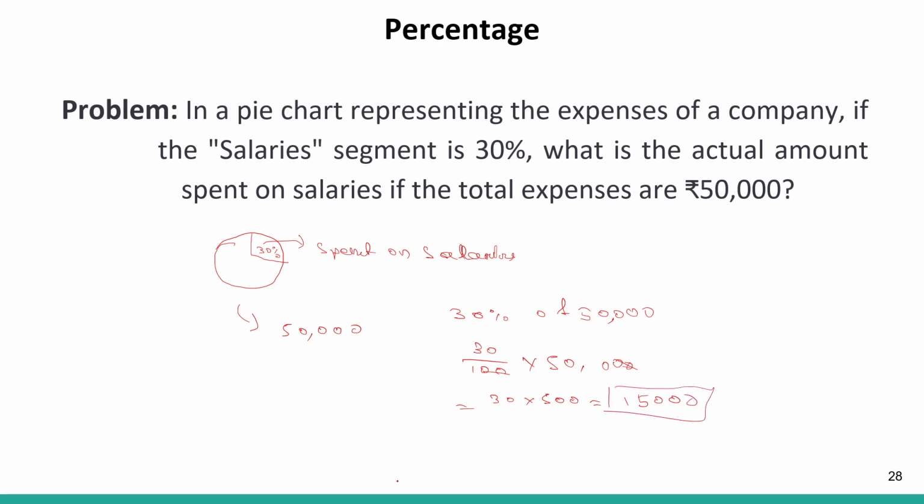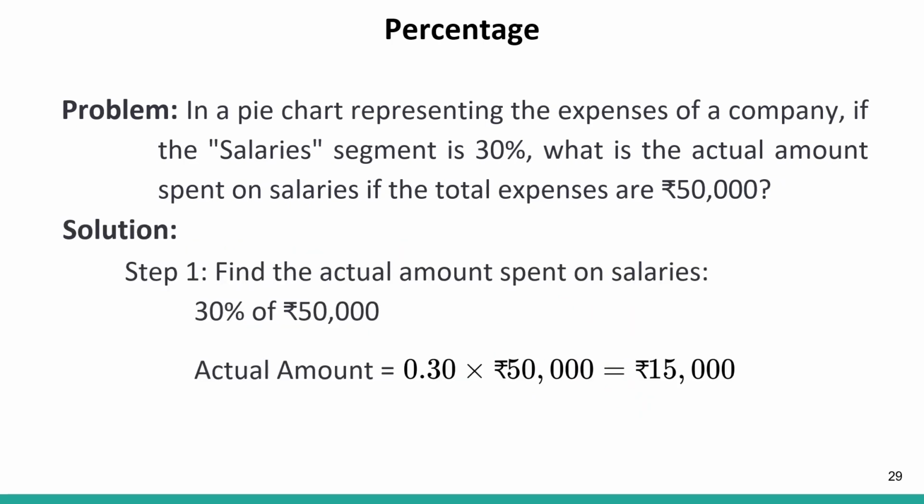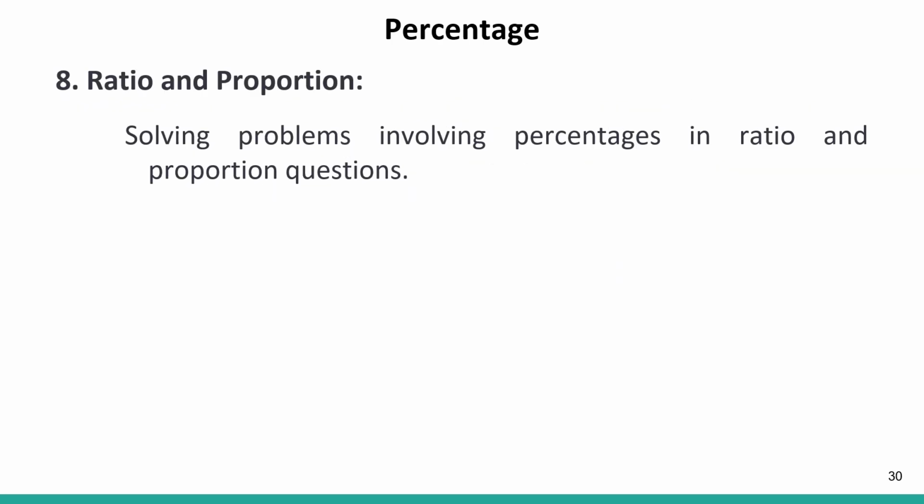So the actual amount spent on salaries is 15,000 rupees. So 15,000 is the final answer. If we go for a step-by-step solution, then 30% of 50,000 is equal to 0.30. What we did was convert it to a fractional part first, then multiplied with the original amount, that is the total amount 50,000, that is equal to 15,000.